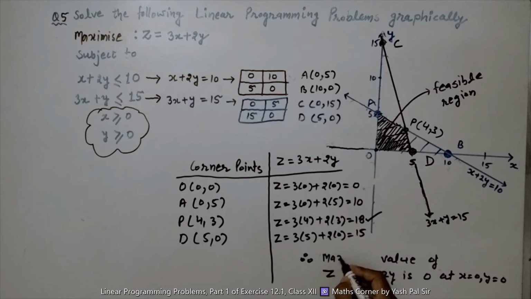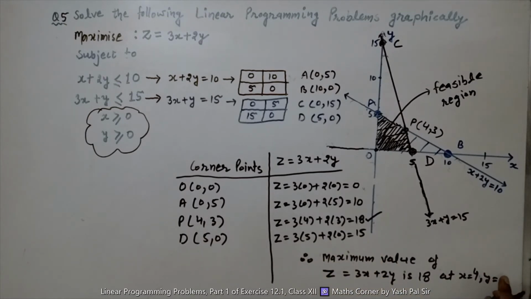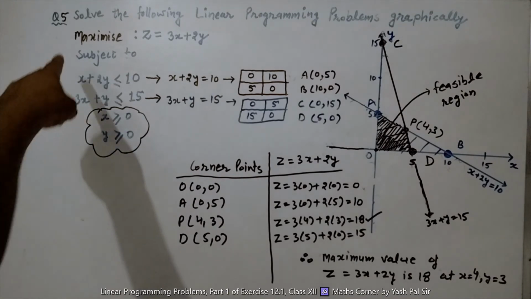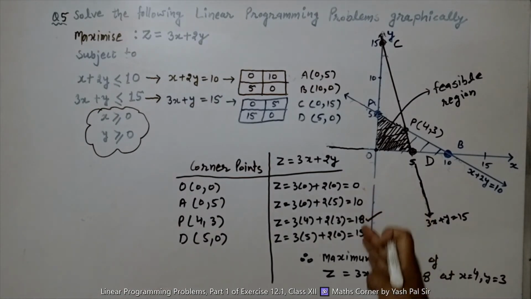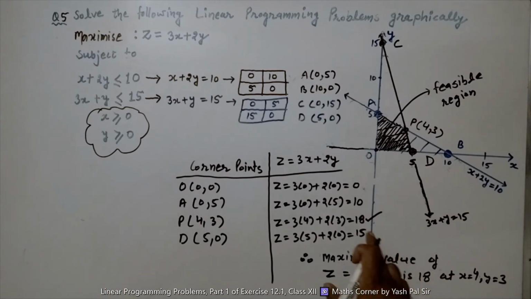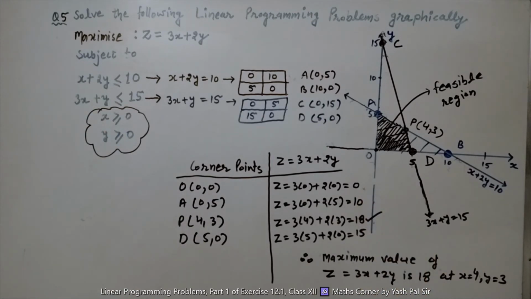So we write here, the maximum value of z is 18 at x is 4 and y is 3. There is no change, just because we changed this question from minimize to maximize. Accordingly there is not much hard work. We saw that 18 is maximum. If it is minimum, then 0 is minimum, right? So this way we can solve every question of this exercise.